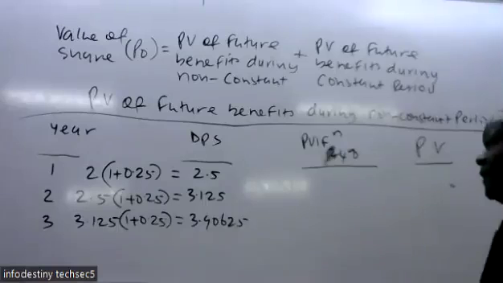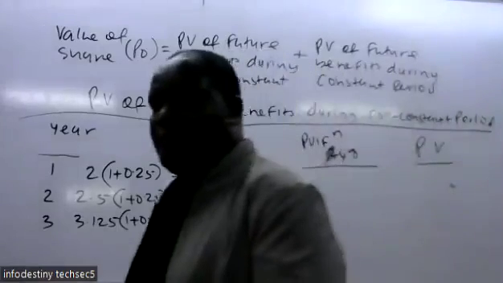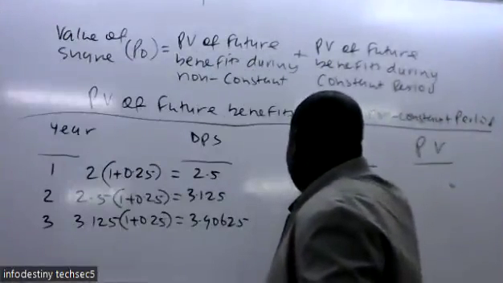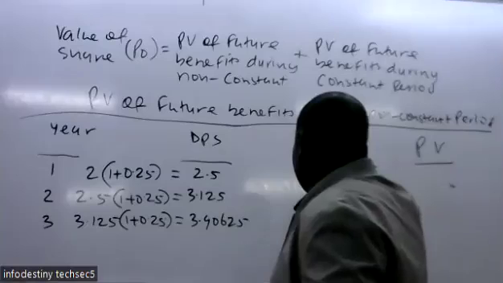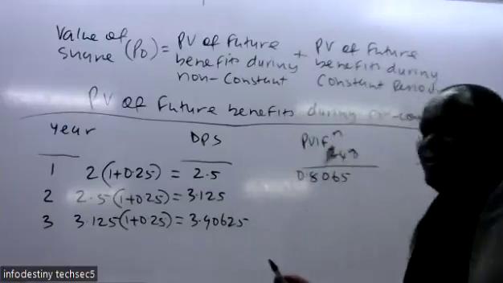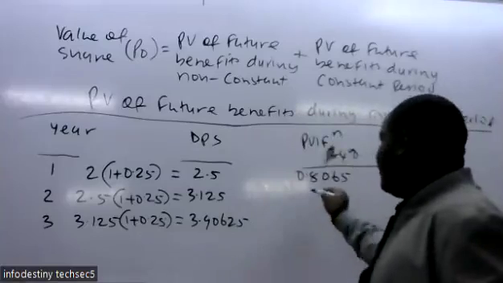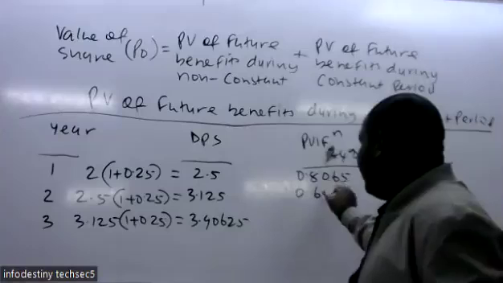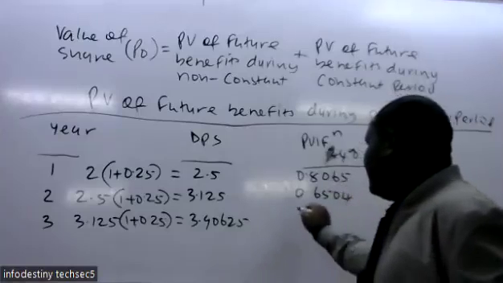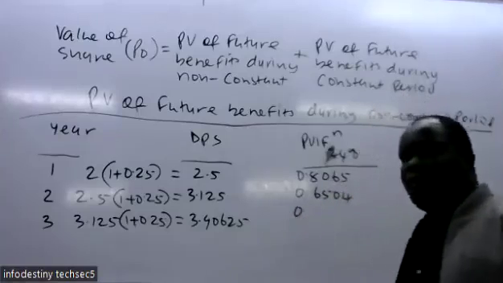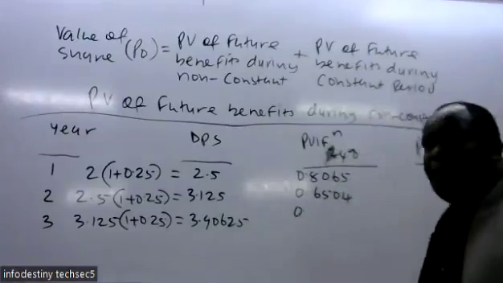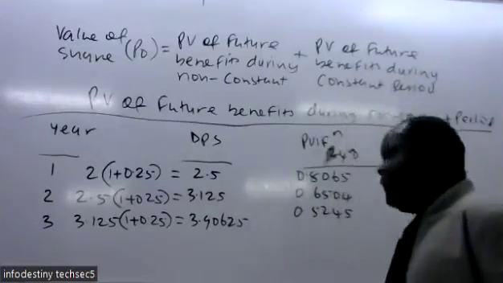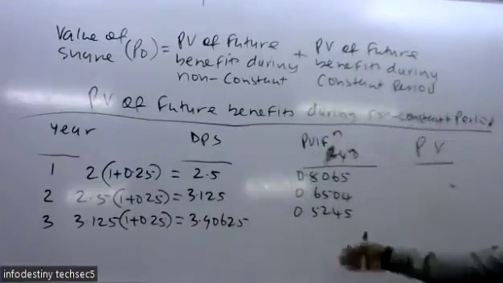What is 24% in year 1? 0.8065. How about year 2? 0.6504. And the next one should be 0.5245. Yeah, so those figures are from the table.